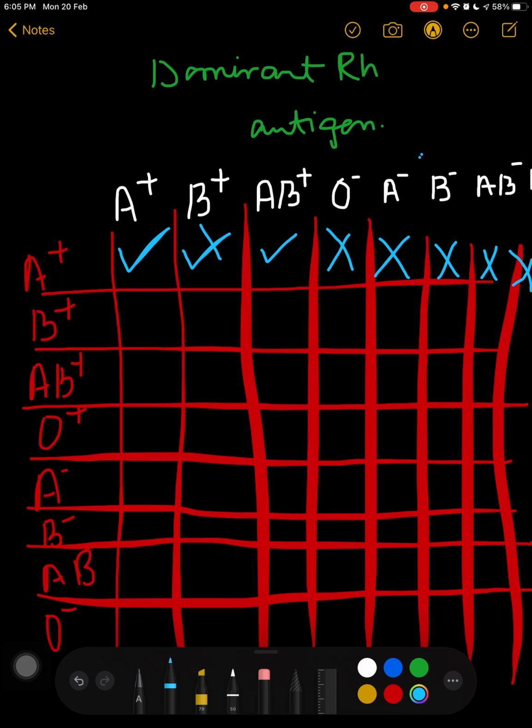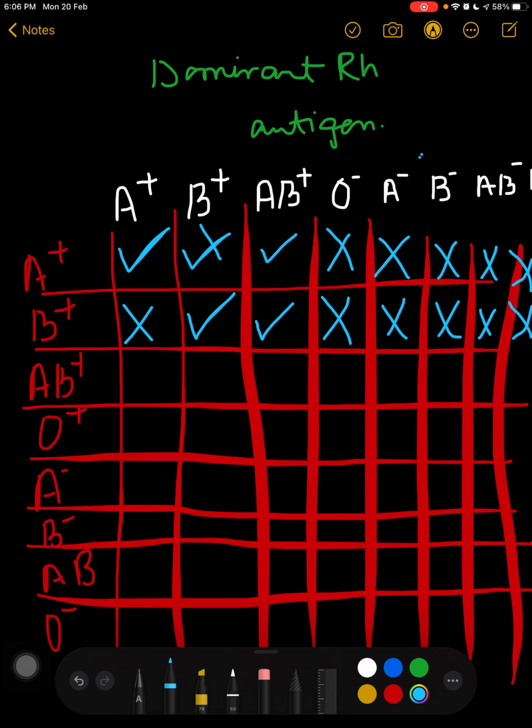B positive can't give to A positive, but it can give to B and AB. It can't give to O, no, and no, right? Let's talk about AB. So AB can give to A or not. A has antibody against B, and it doesn't have antibody against Rh factor, right?